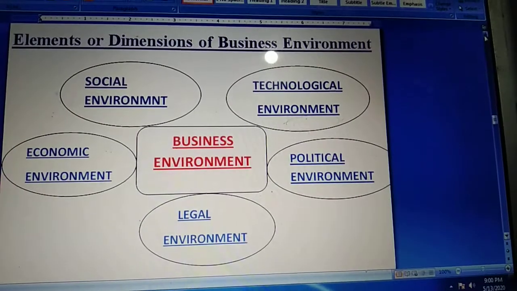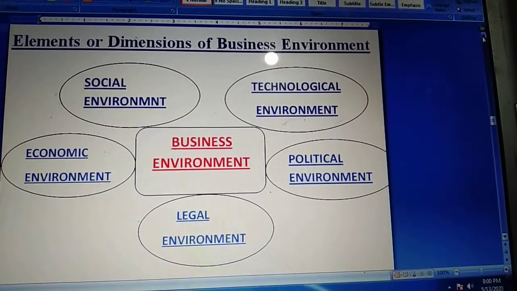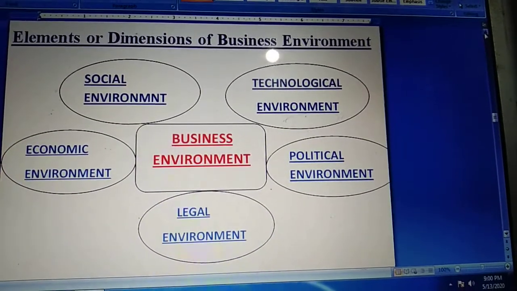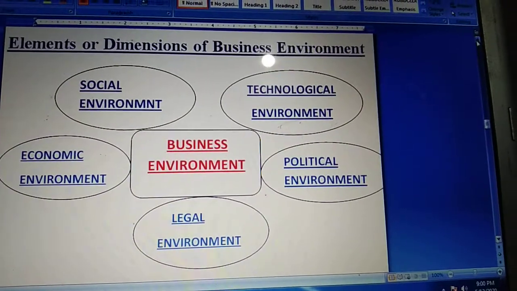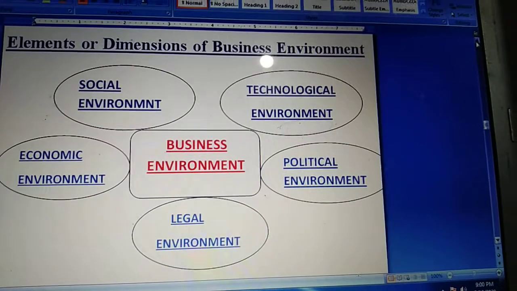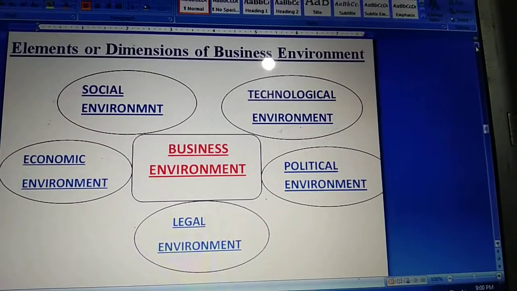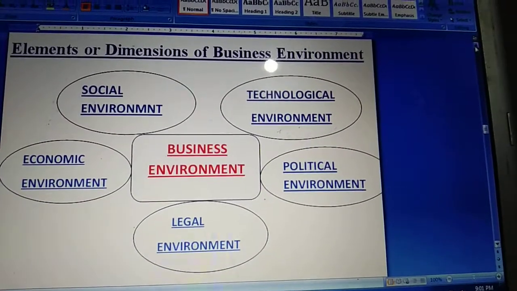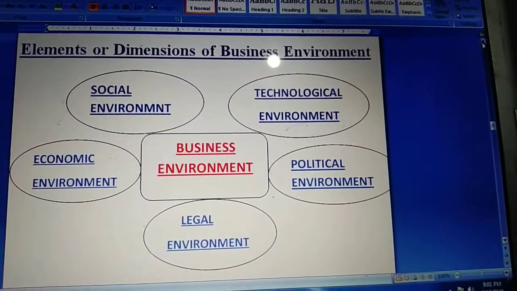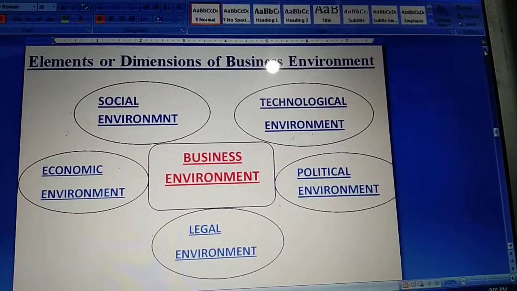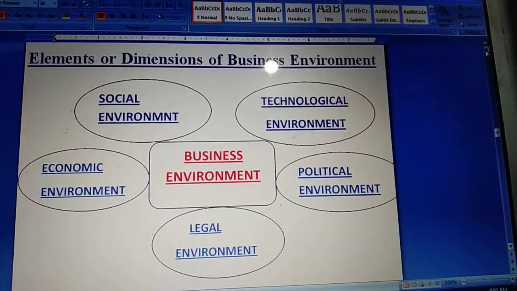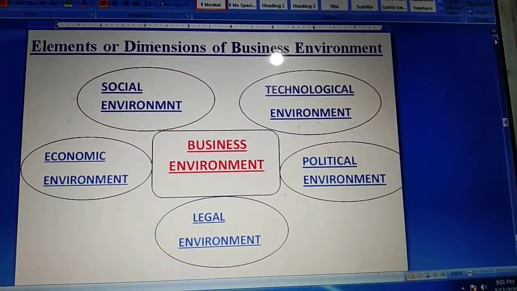These are social environment, technological environment, political environment, legal environment, and economic environment. So, you can see that business is mostly affected by these five elements which affect it from the outside. How society affects us is known as social environment. How technology upgradation will affect your business enterprises, we will study in technological environment.